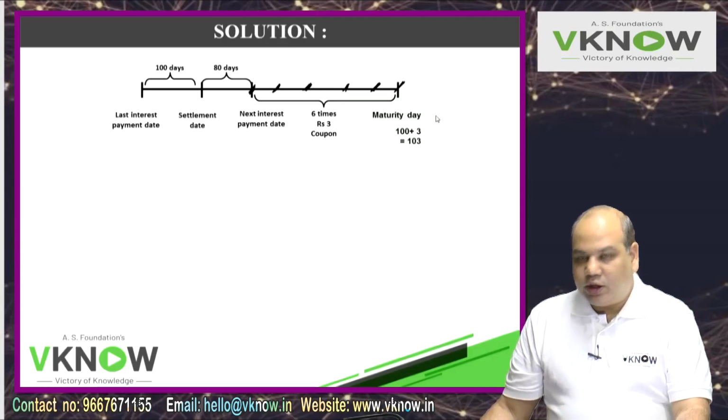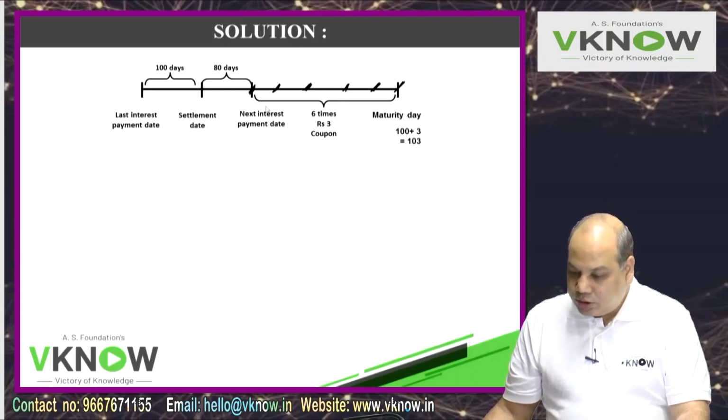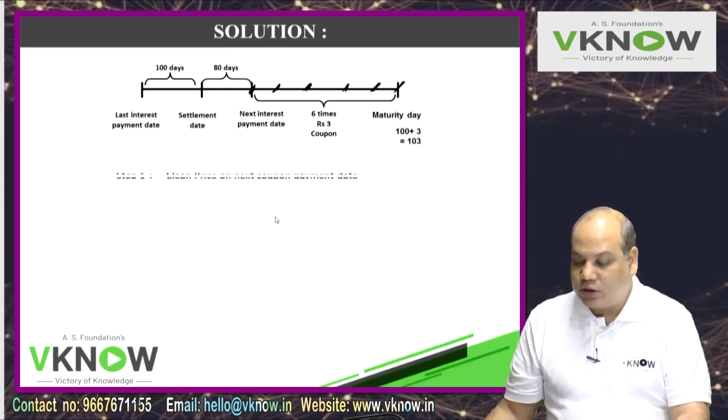So please draw the diagram first neatly. Now if I have to calculate the clean price here, I will take the next 5 coupons. Total coupons are 6. Next 5 coupons plus 100 rupees will help me to reach the clean price.